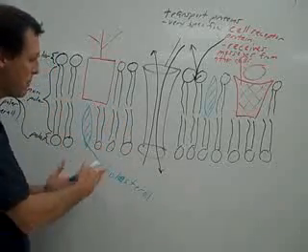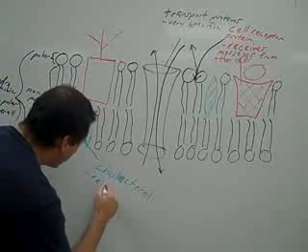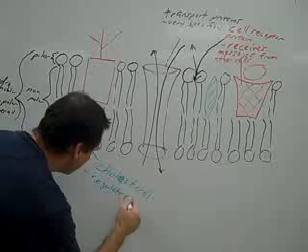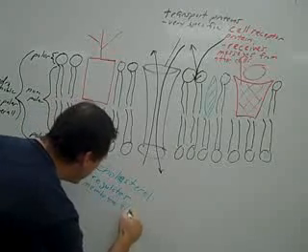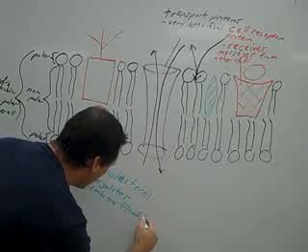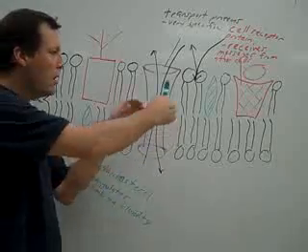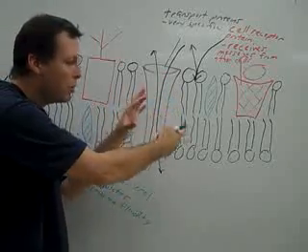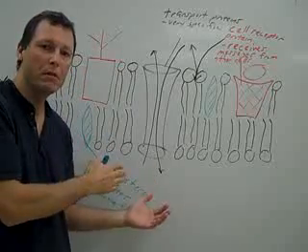And only animal cell membranes are going to have cholesterol. And cholesterol regulates membrane fluidity or flexibility. So cholesterol is going to be responsible for making this membrane fluid or more rigid. This is going to be very important.